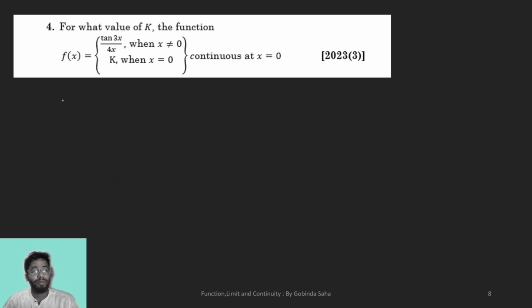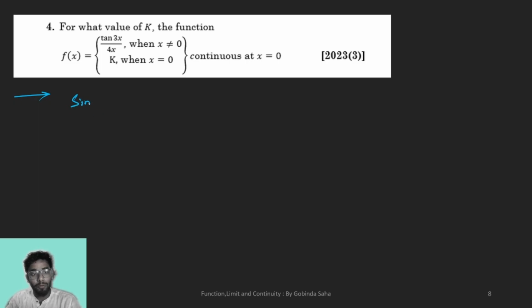Going to question number 4. So here also it is given that the function is continuous at x equals 0, and now we have to find the value of k.